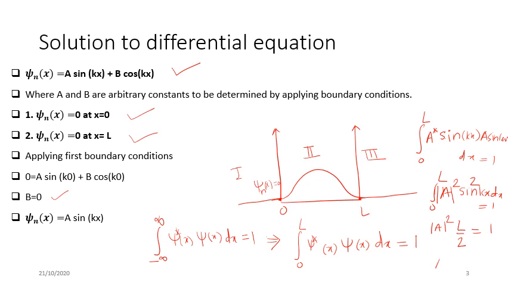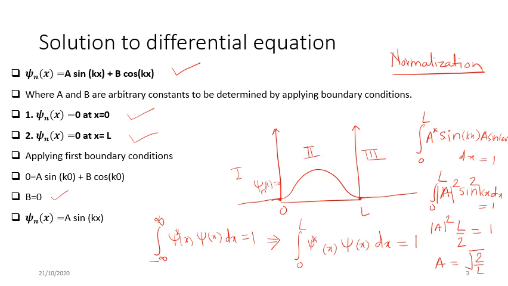So a is equal to root 2 by L, that is the value of a, and this process is called normalization. By using the normalization process, we have calculated the value of a, and a is called the normalization constant of this wave function.